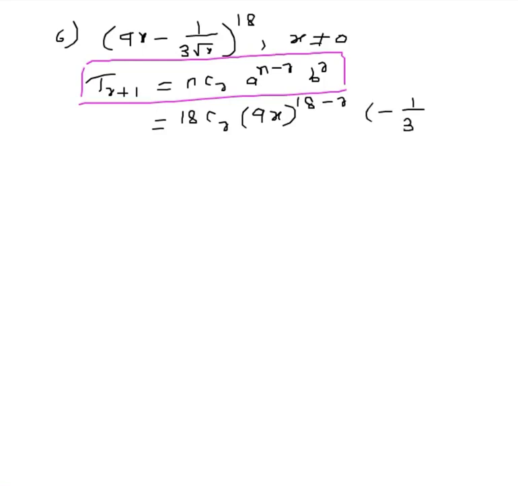B is minus 1 over 3 root x. We need the 13th term. I can write this as T(12+1). So r is 12. 18C12.